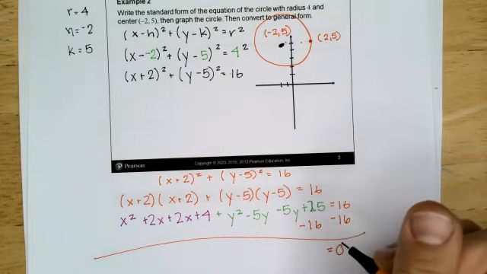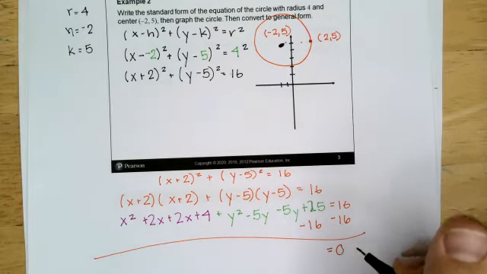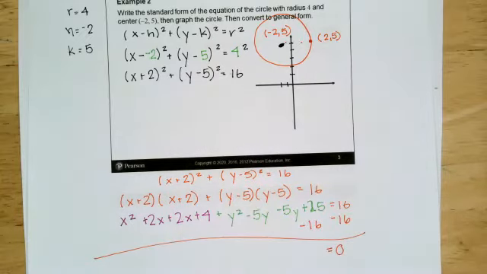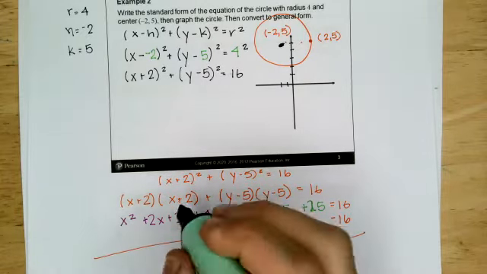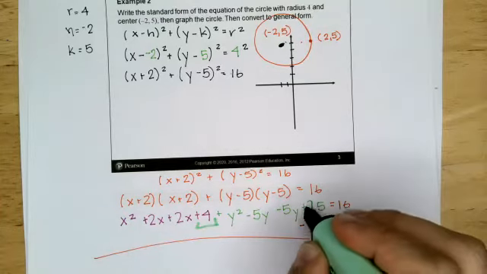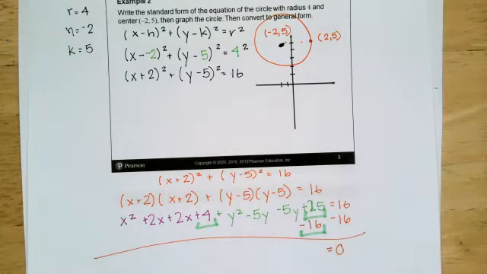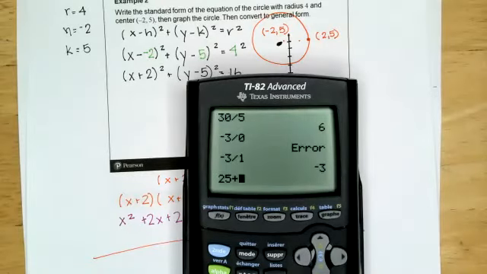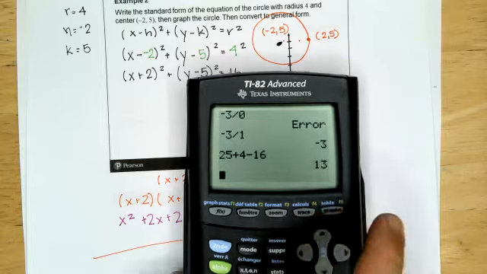25 minus 16 plus 4. So here's 4, 25 minus 16. So that's 29 minus 16, which is 13.